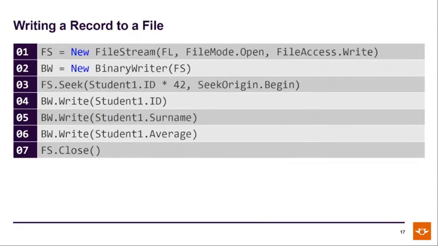So instead of having multiple random objects, you basically have a data structure of an entire object, and you take the entire object and put it back into that data structure. Whereas with random access files, you're storing the items one by one: you're storing the ID, you're storing the surname, you're storing the average. So you have to store each element of the object on your own and not rely on the system to do it for you.